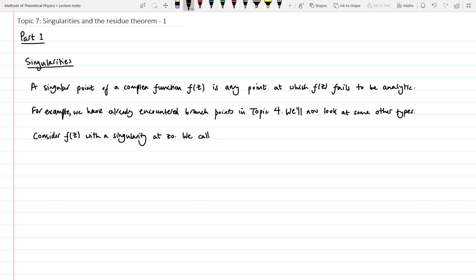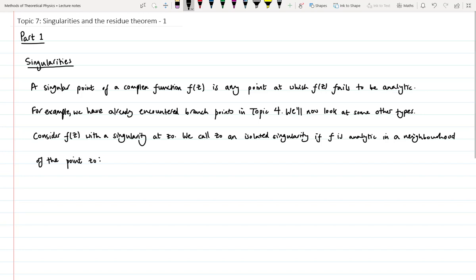We call this point z0 an isolated singularity if f is analytic in a neighborhood of z0. I'll draw a picture in a second to make it clear what that means. And I'll highlight this terminology, which is important. Isolated singularity.